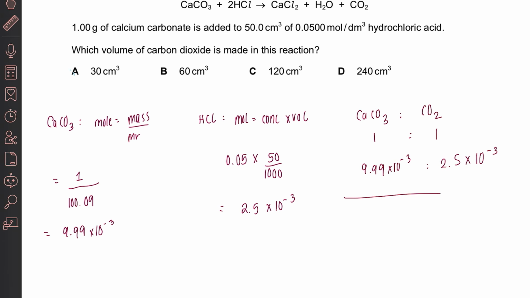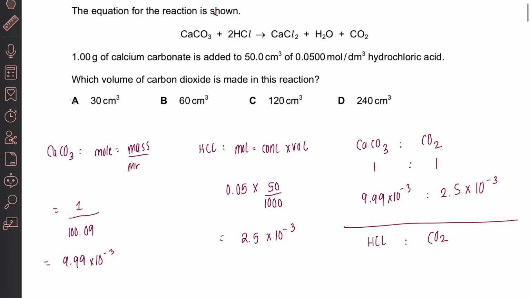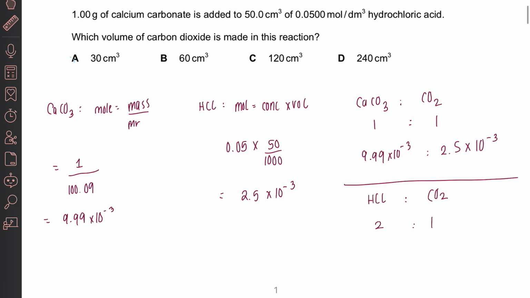First we have to compare how many moles we are getting if we're using hydrochloric acid as a limiting reagent. Hydrochloric acid to carbon dioxide, the ratio is 2:1, because you can see you have 2 here and here you have 1. So this is going to be 2:1, and then this is going to be 2.5 times 10 power negative 3 to x.